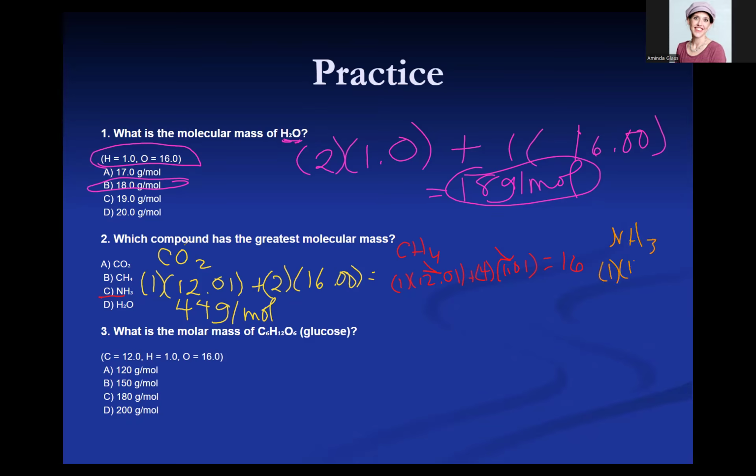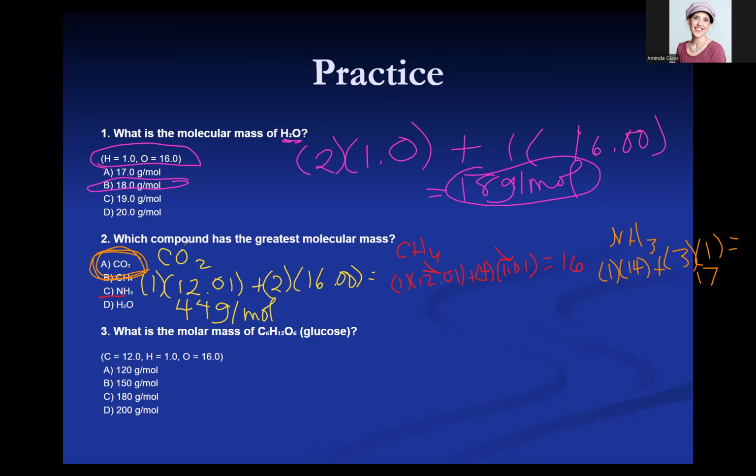Each nitrogen has a mass of 14 plus 3 hydrogens, which each have a mass of 1. So this gives us a mass of 17. So carbon dioxide, A, gives us the greatest molecular mass.